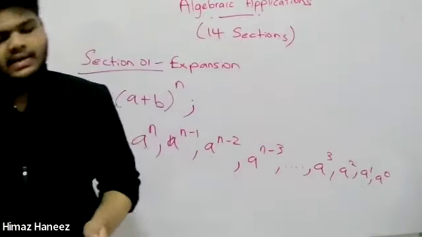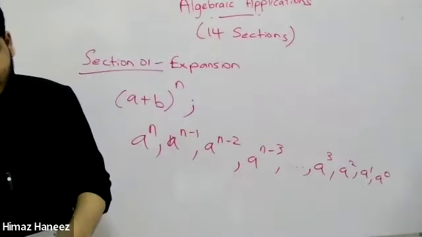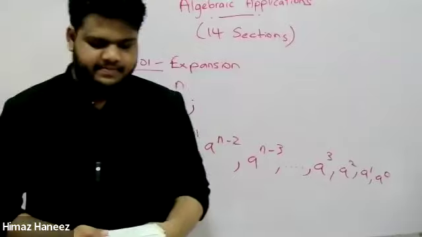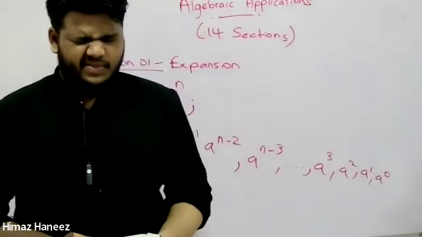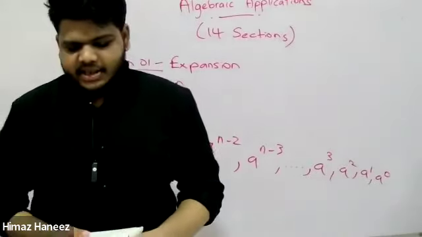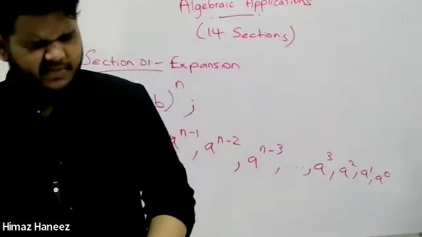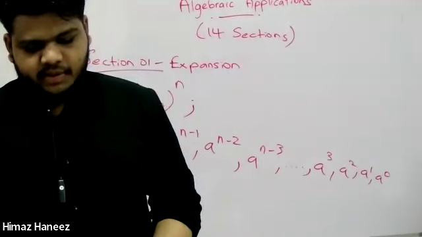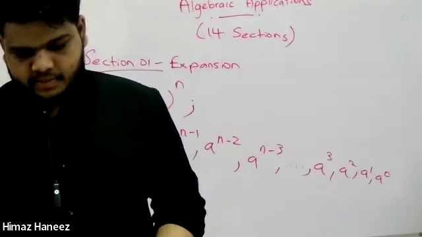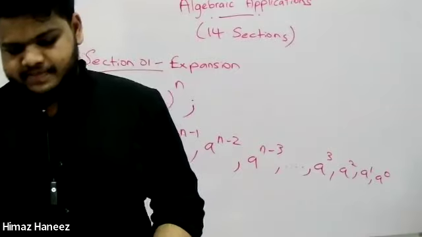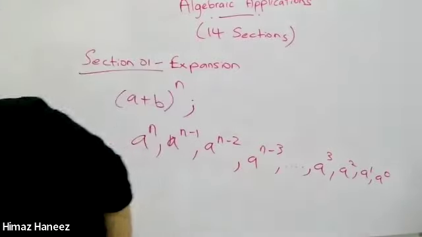And in brackets write, consider b's power to be ascending. Close the bracket. Then write a semicolon.